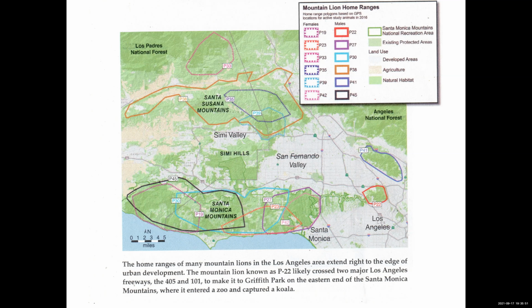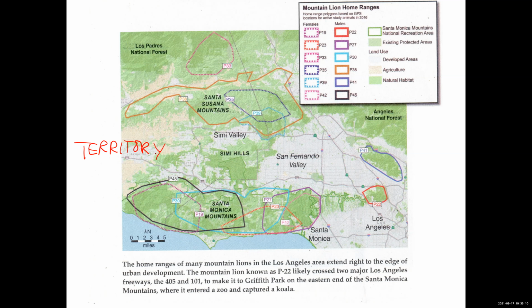A territory would be a place where an individual would be found, and it's going to defend that against other individuals. So when we look across a map, the spatial pattern of where we see individuals is one thing that's important in studying a population.